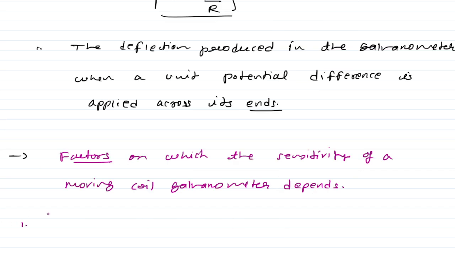First one is the number of turns in the coil. Second one, magnetic field. Third one is the area of the coil.